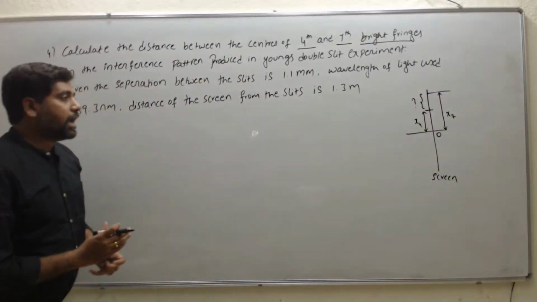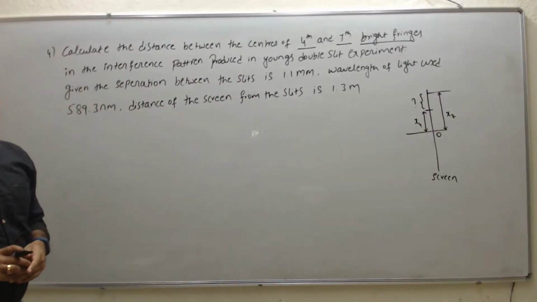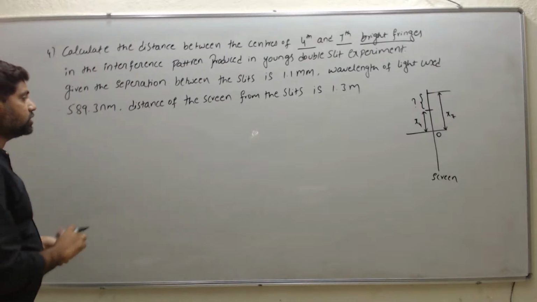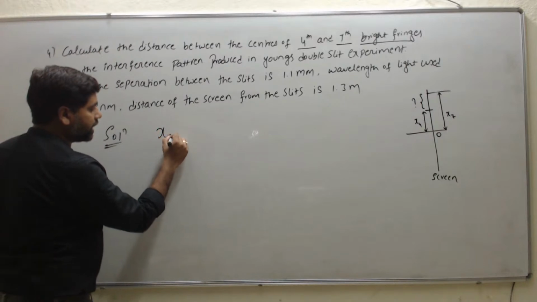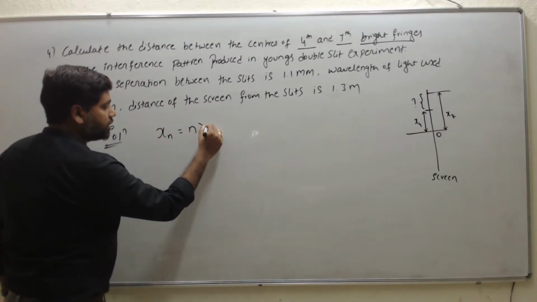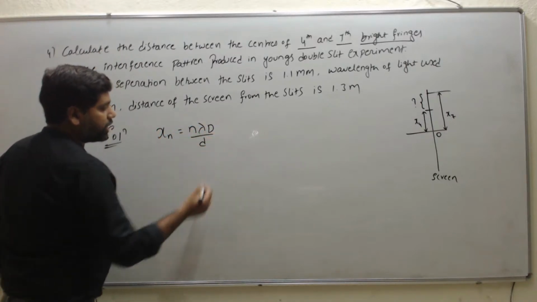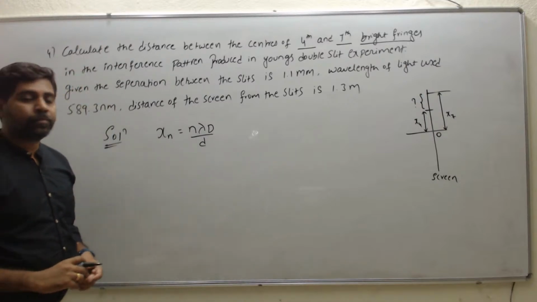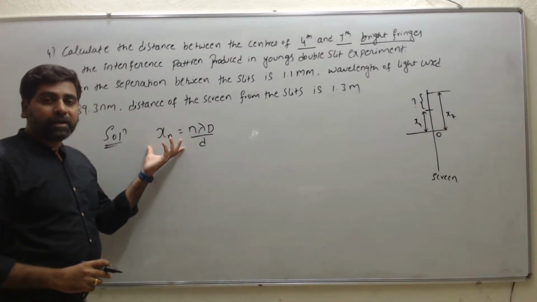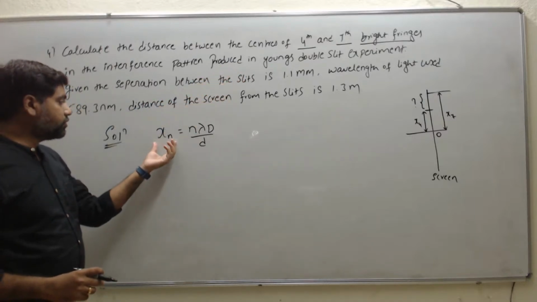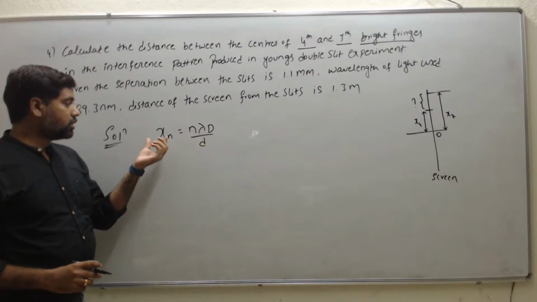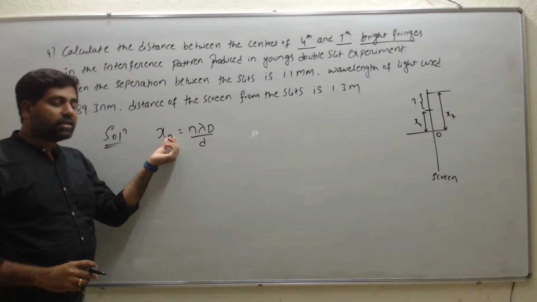So for that we have the relation, the condition for the bright fringe, that is xn is equal to n lambda D divided by small d. In the question also they mentioned the bright fringe, that's why we have taken this formula, where n is the position.